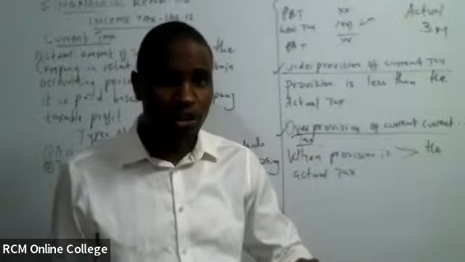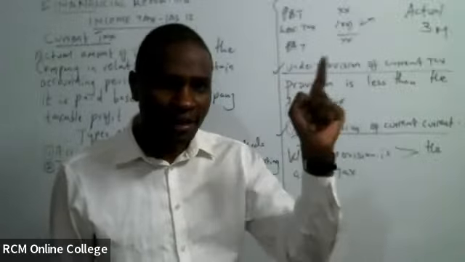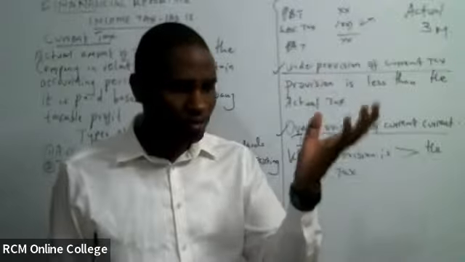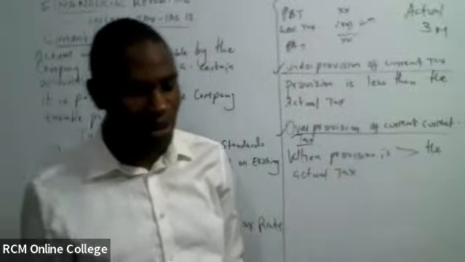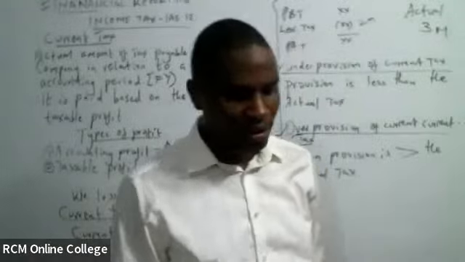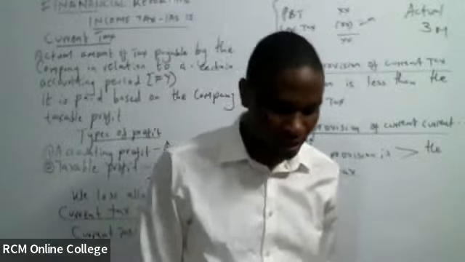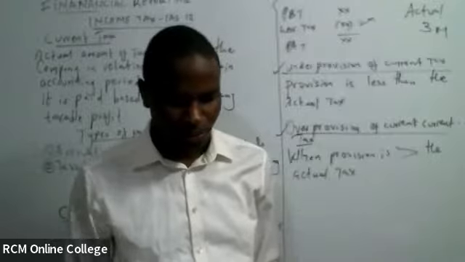If it is under provision, the under provision will be added to the next financial year. The over provision will be subtracted from the next financial year, of course, under the estimated tax liability. So tumesema kwamba it is deducted in the estimated tax liability.